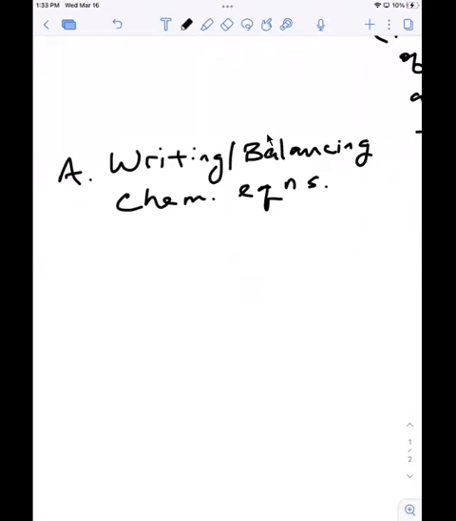Because when we write and balance, that's going to give us the stoichiometry. A balanced equation gives us all the information we need about the stoichiometry and the ratios, right? So that's why balancing is so important. We're going to talk about classes of chemical reactions. There are a lot of different types of reactions that we're going to look at. One example that we'll see today is what's called a combustion reaction. But we'll look at double displacement, single displacement, and different types of reactions like that.